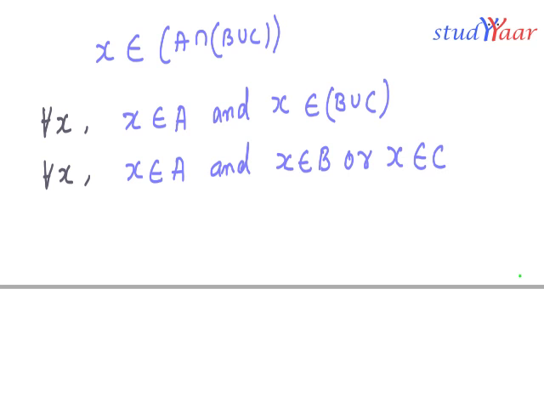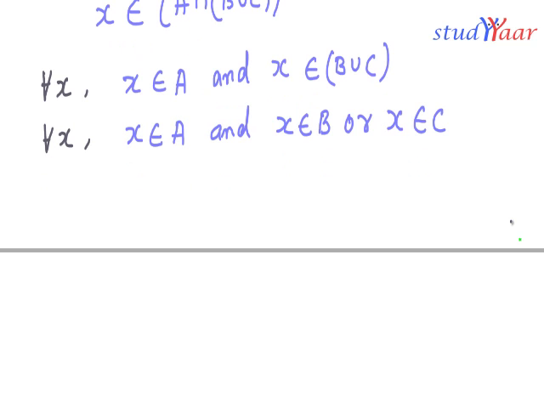Now what I have done is I have simply expanded the definition of union. Union says X would be either present in B or present in C. So I have written it in words. I am saying X is present in B or X is present in C. Okay, so even this is true. There is no problem in this. Now what I can do is I can rewrite it like this.